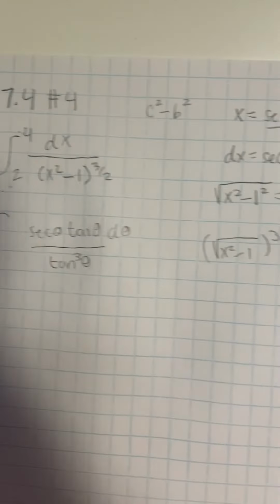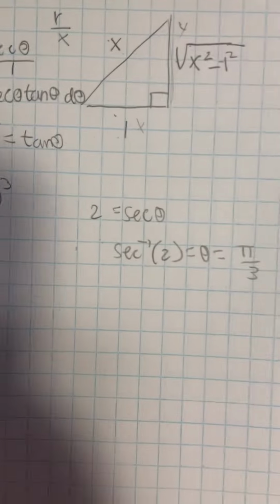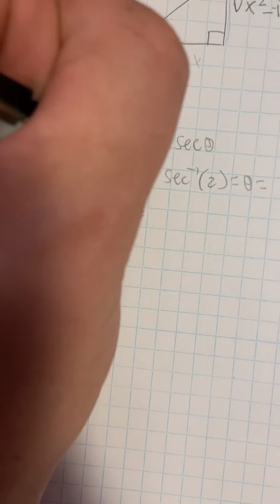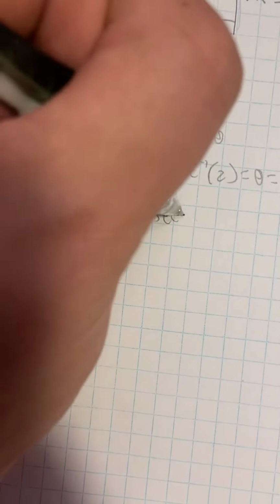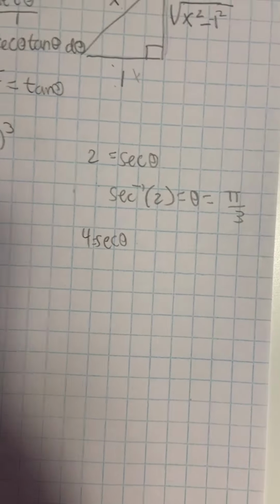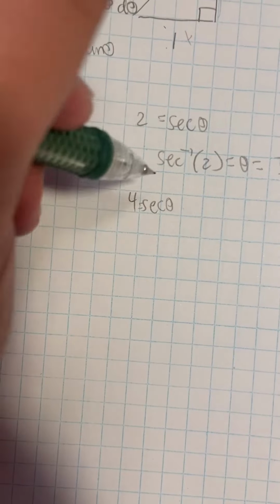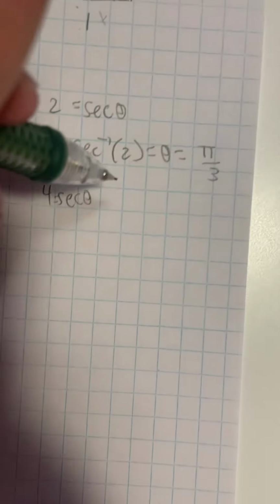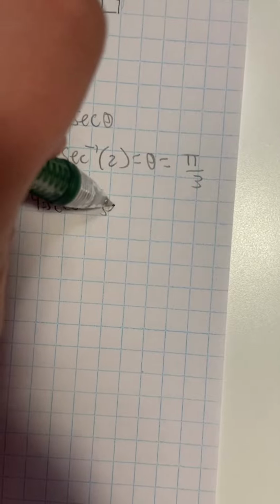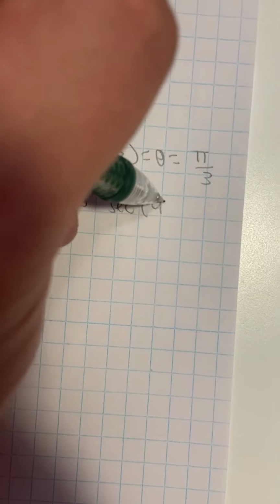And we'll do the same thing for the higher value, 4. So we'll say 4 equals the secant of theta, which means that theta is going to be equal to the inverse secant of 4.